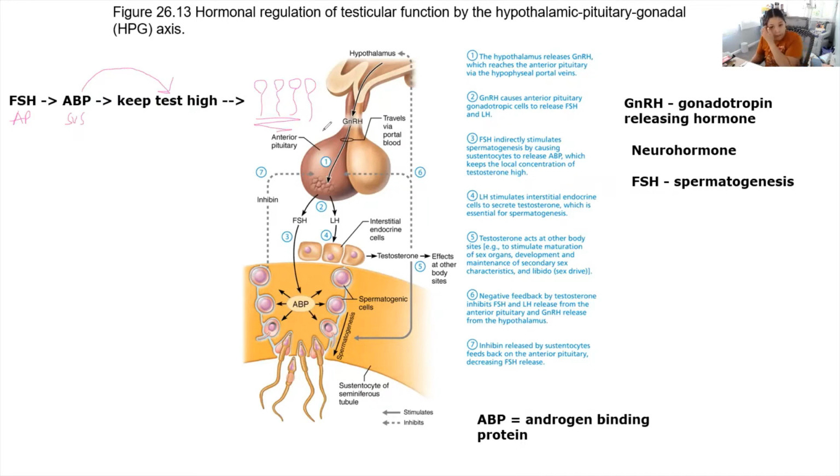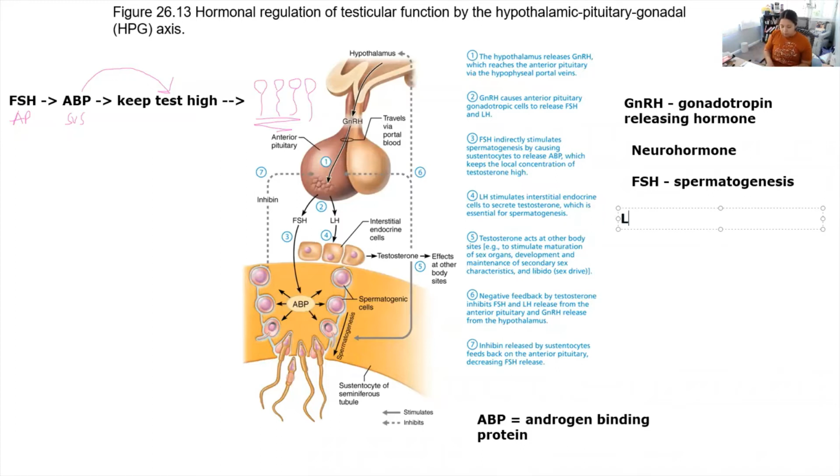Okay. On the other hand, we have LH, or luteinizing hormone. It's called luteinizing hormone because of its function in the female, which it has functions with what's called the corpus luteum, which we're going to talk about on Thursday. But that's why it's called luteinizing hormone, because of its function in the female reproductive system.